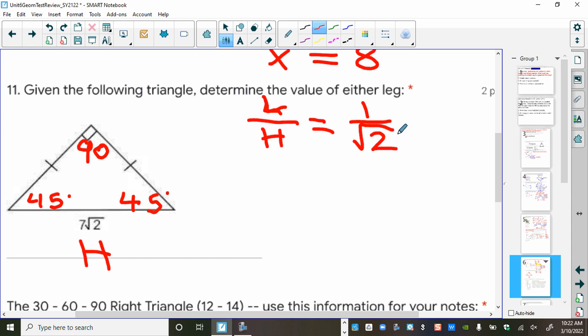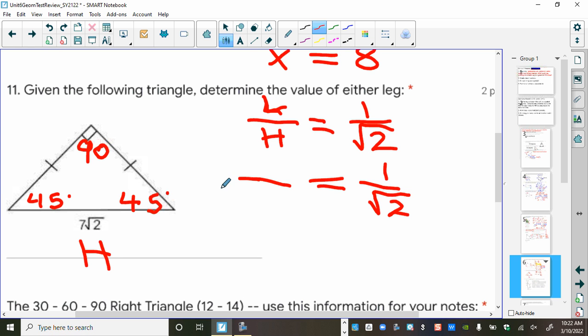Now, when we set up our proportion, obviously you have 1 over square root of 2. What's going to be on the top?